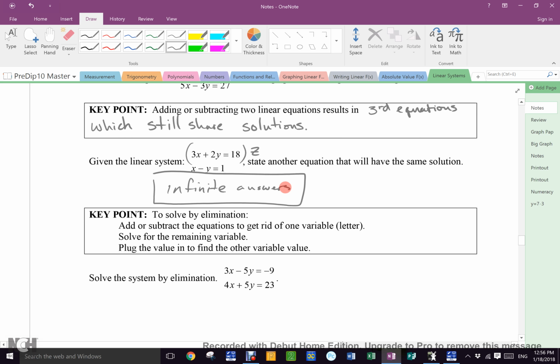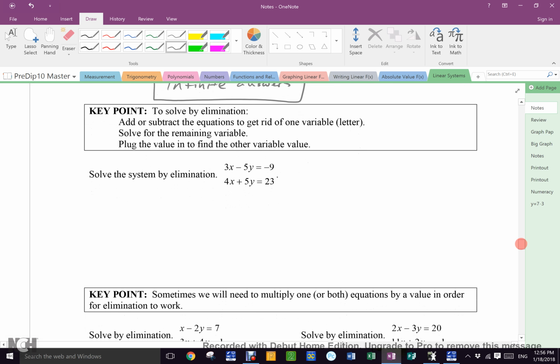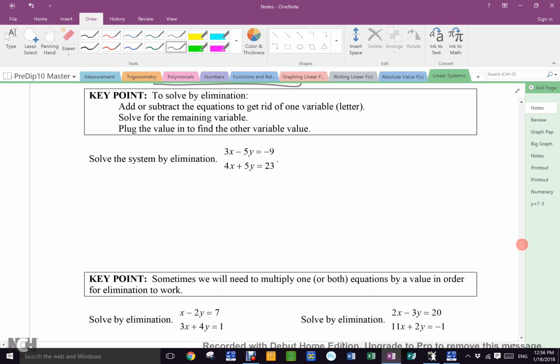Now, all of that tells you the following. To solve by elimination, add or subtract to get rid of one variable, solve for the remaining variable, and then do substitution. So looking at this, what could I do to make either the x or the y disappear? If I add them, what will happen, Leighton?